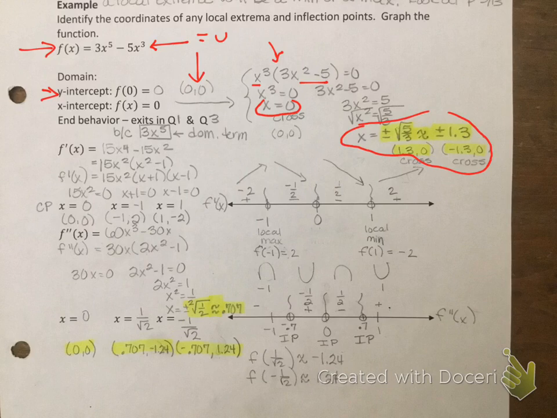All right, this is pretty self-explanatory. To get out the y value, I plug 0 into my function, I get out a 0. Over here, I am setting this factor equal to 0, adding 5 to both sides, taking the square root of both sides, and I get what you see right here in this first line of work, that the x-intercepts are plus or minus the square root of 5/3.